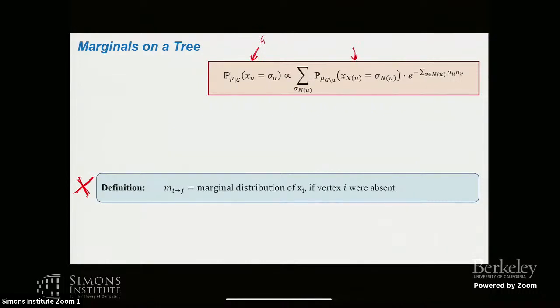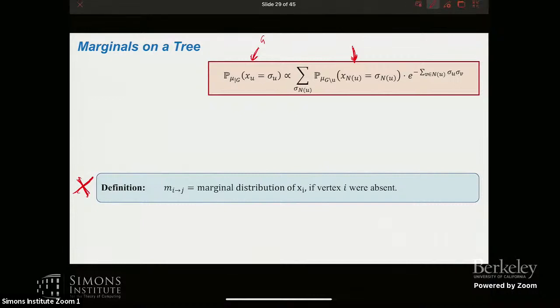So there's some sort of recursion going on. But the problem with this recursion is that the left-hand side is a degree 1 marginal. It's about what happens conditioned on one vertex. And you end up trying to compute that in terms of the marginal of the entire neighborhood. I need to fix all these variables. So let's see if there's a way around it.